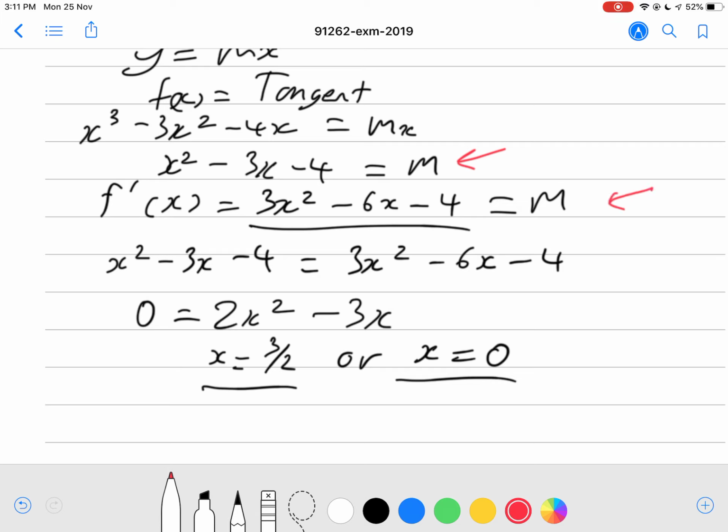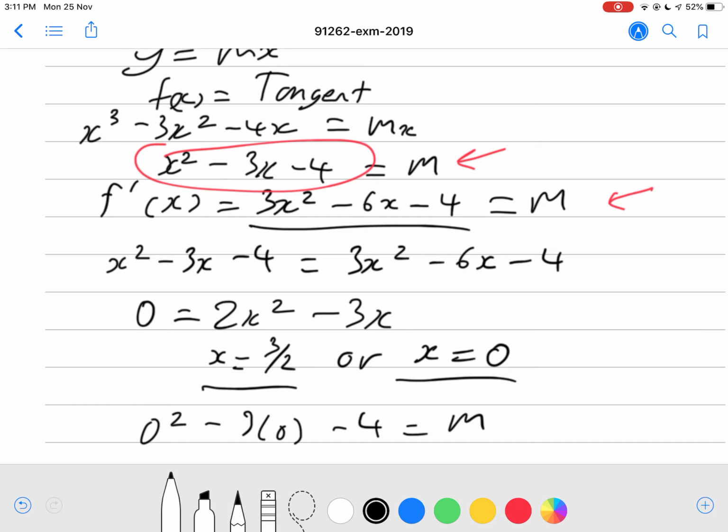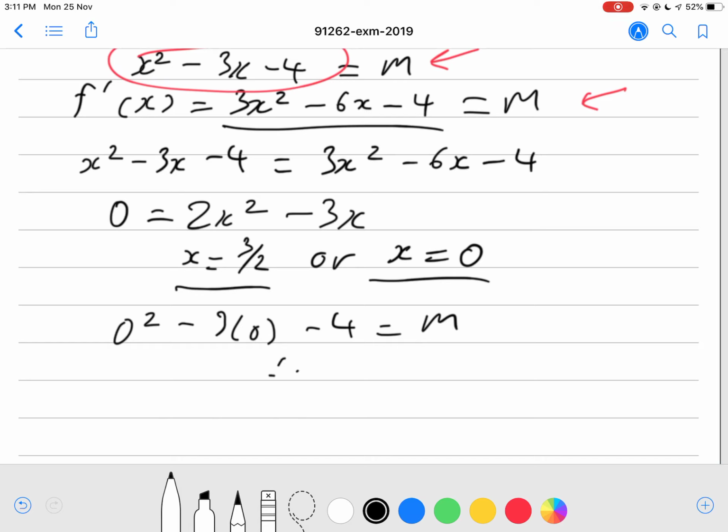So for example, we can put it into this equation here. We can say 0 squared minus 3 times 0 minus 4 equals m. So therefore, our m gradient here would be -4. And because y equals mx, one of our tangents will be y equals -4x.